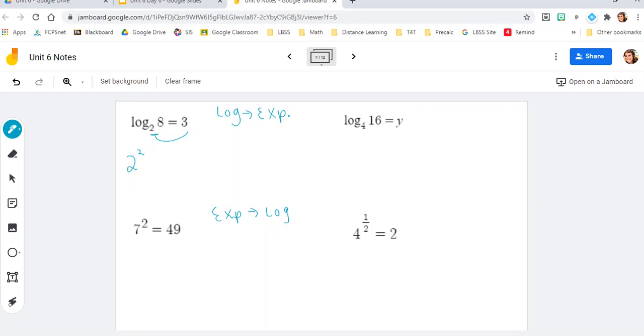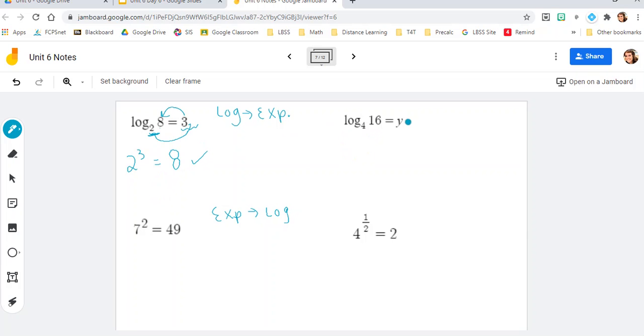So 2 raised to the third power equals this number, equals 8. So the base raised to what power equals 8. And we could check that in our calculator. 2 to the third power does equal 8, so we know that we did that properly.